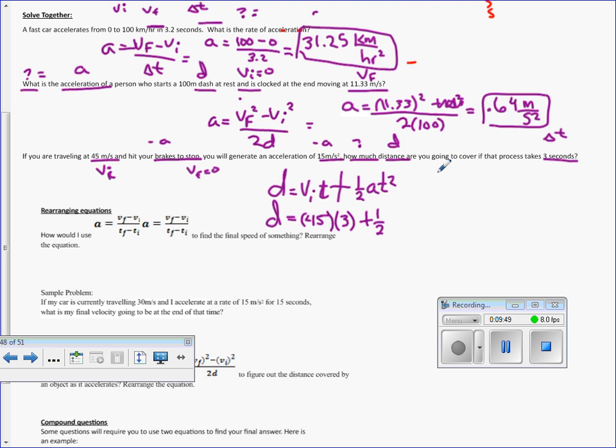Remember in the calculator you put 1/2 like this, or 0.5, right? Either way. My acceleration is 15, but it's negative, right, because it's slowing down. My t is 3 squared, right? You got to square it.